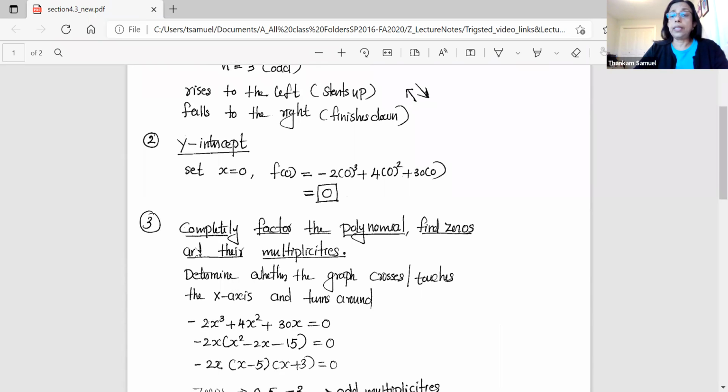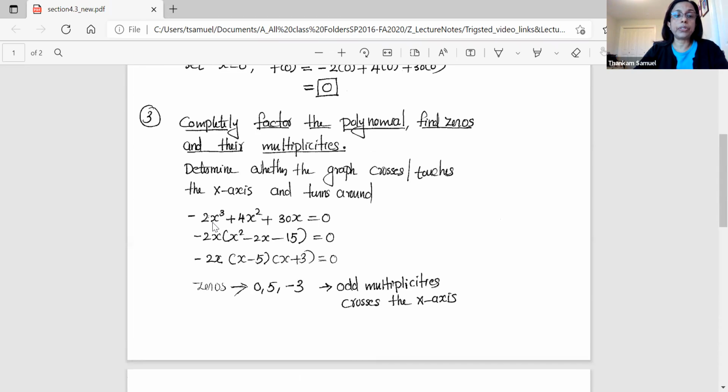Then the third step is to completely factor the polynomial to find the zeros and their multiplicities. We know that the polynomial function is negative 2x cubed plus 4x squared plus 30x, and we set this equal to 0.